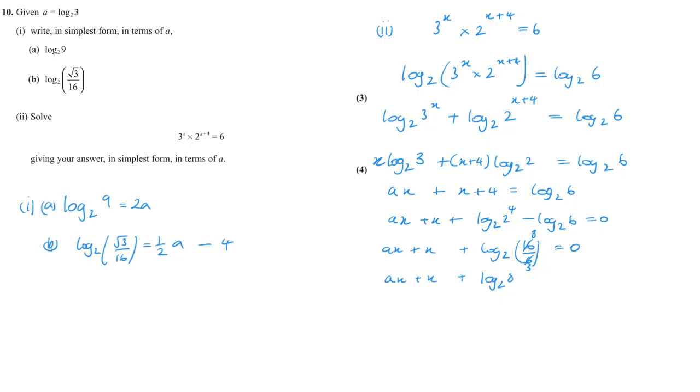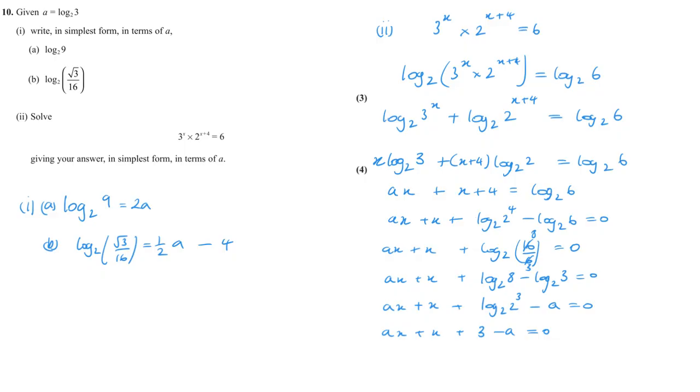So log 2 of 8 minus log 2 of 3. So that was the step I was missing. 8 is the same as 2 cubed. And this is just a. So we've got ax plus x plus 3 minus a equals 0.